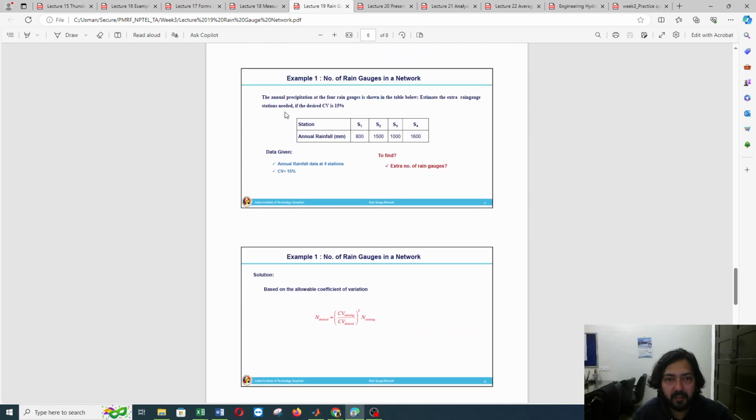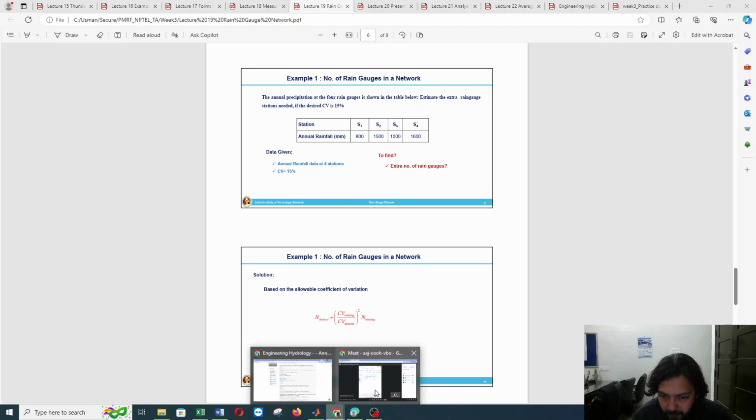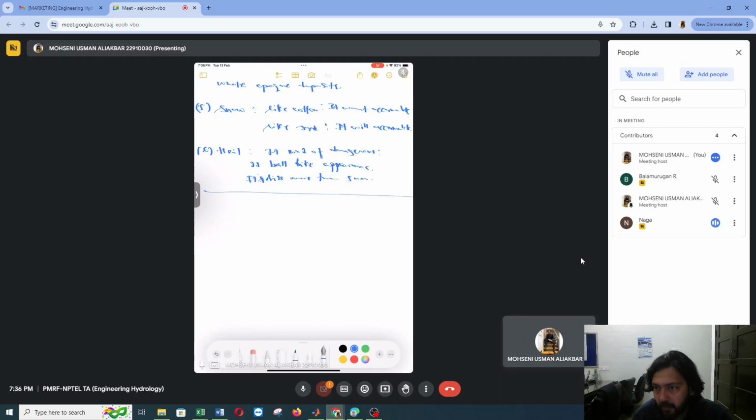What they are asking is the annual precipitation at 4 rain gauges shown in the table below. Estimate the... Sir, your screen has not been changing. Slides have not been changing. Sir, the slide has been stuck at one point, it was not changing from the start. Okay, what are you looking at?